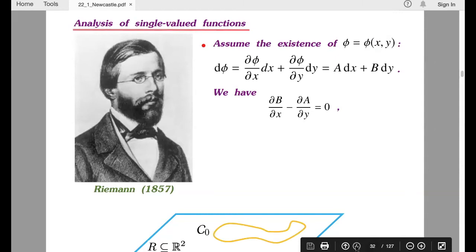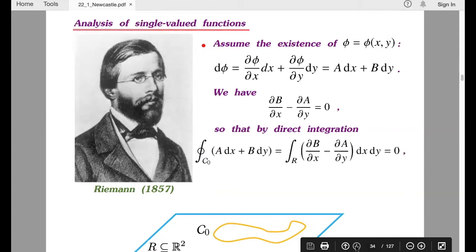And if you consider a loop, for example, a curve in yellow as you see, C0, and you consider the integral over this loop of this differential d phi, a dx plus b dy, you discover by direct integration, in other words, by calculus, that this is 0. Some of you, of course, recognize the difference between the gradients b and a as a component, if you like, of the curl operator.